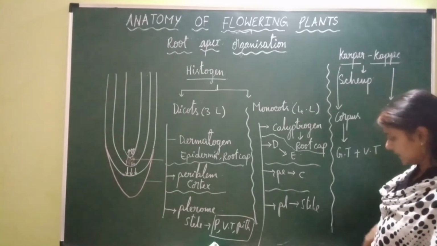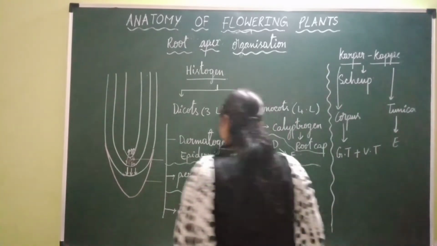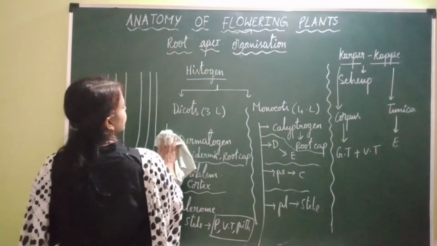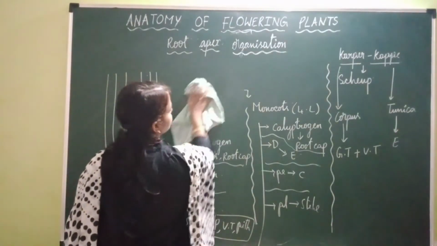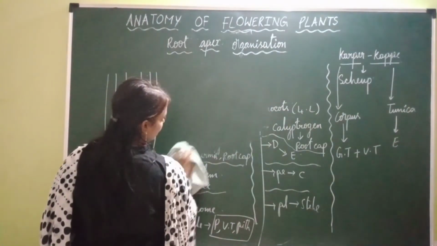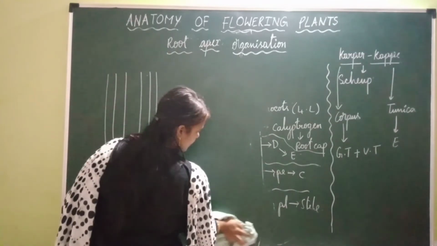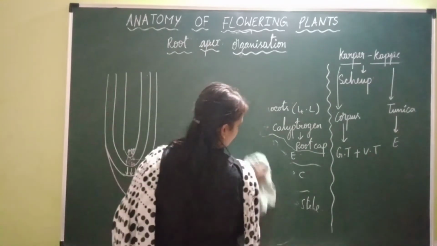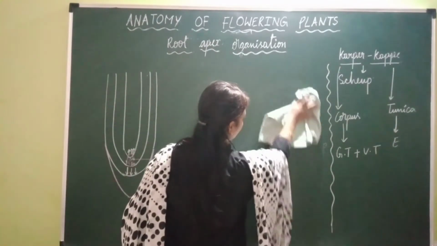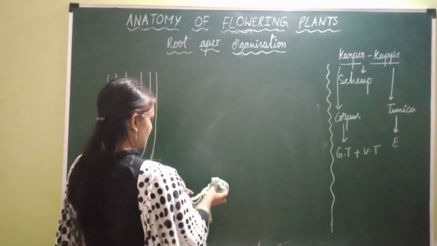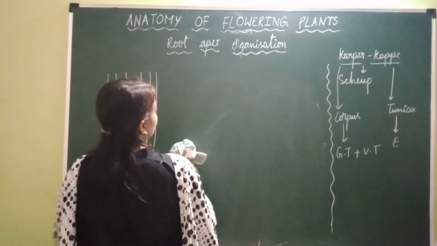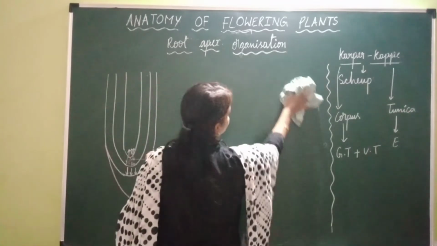Next, coming to the next theory, that is quiescent center theory. Let's study quiescent center theory now. This quiescent center theory is given by the scientist Clowes, to explain the root apex of maize root.